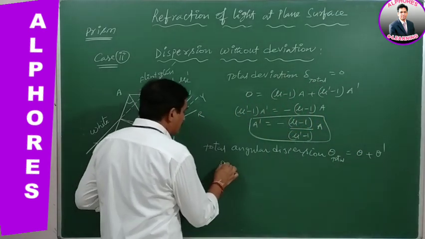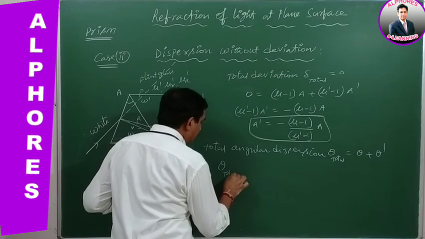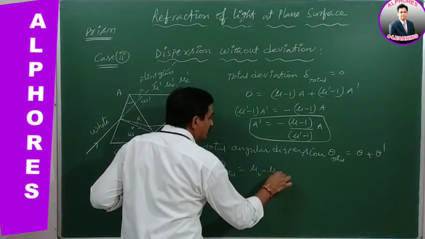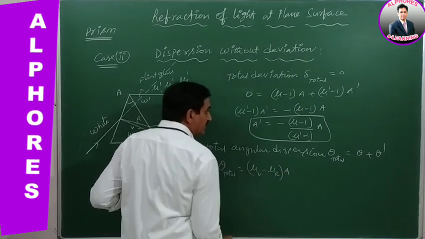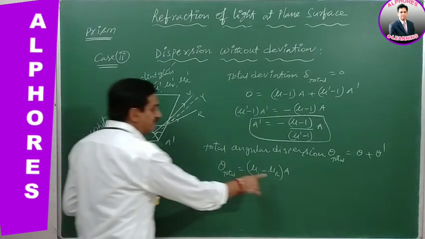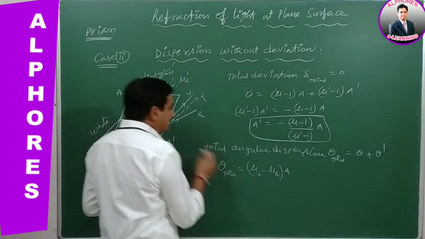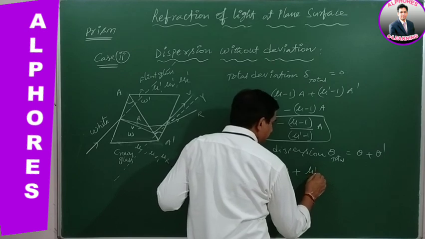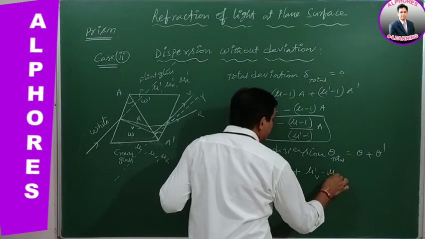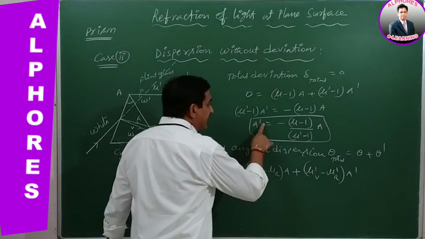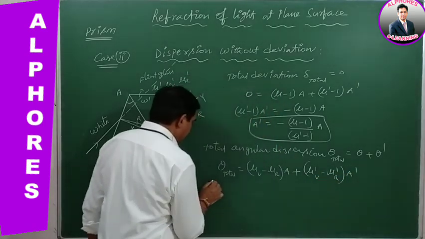As we know, theta equals (mu v minus mu r) into A, the angular dispersion given by the first prism, and for the second prism plus (mu v dash minus mu r dash) into A dash. So substitute the A dash value over here.